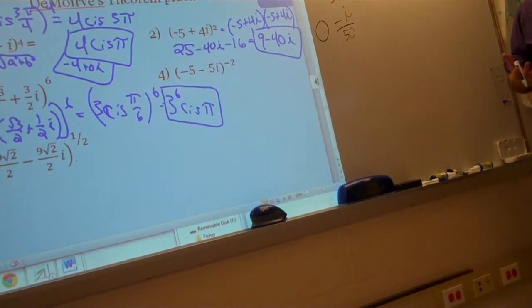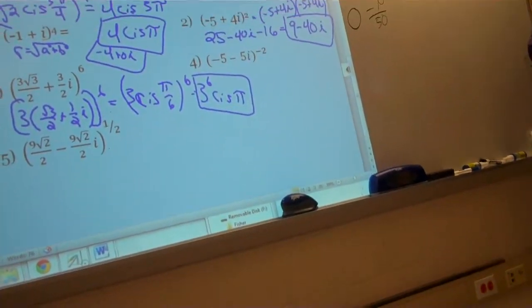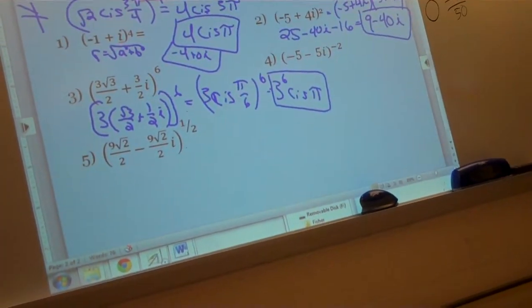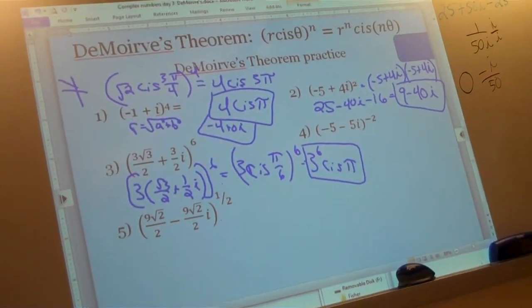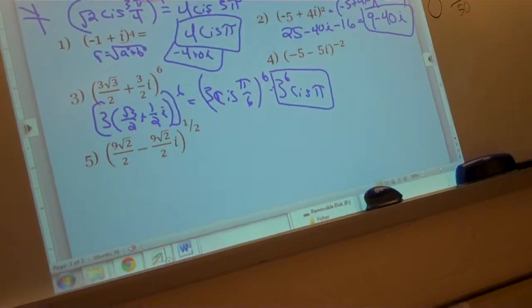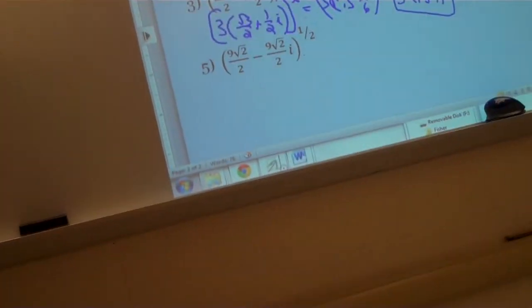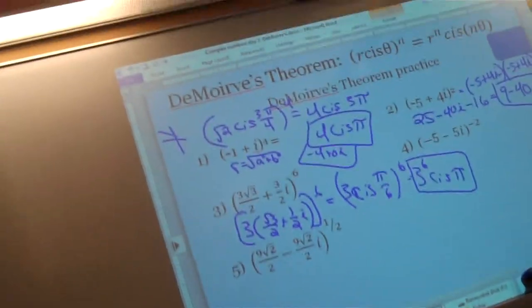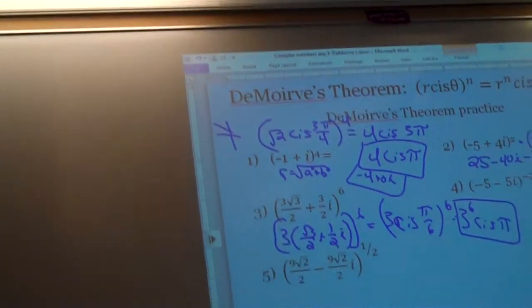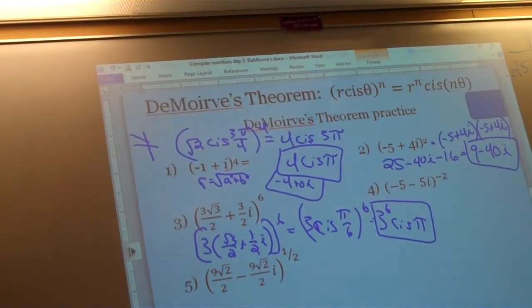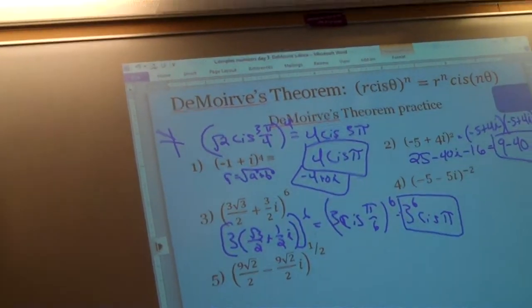Just in converting, my sides are 5, so my hypotenuse would be 5√2. It would be 5√2 cis, what, 5 pi over 4? We're in quadrant 3. And we raise that to the negative second, and that would be 25 times 2.